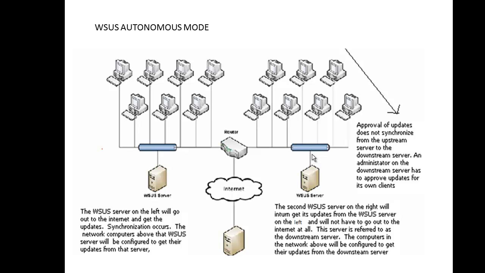So while the network on the right, their WSUS server will go to get updates from the WSUS server on the left, the administrator for the network on the left will not approve the updates for the server on the right. And that's why we refer to it as the autonomous mode.